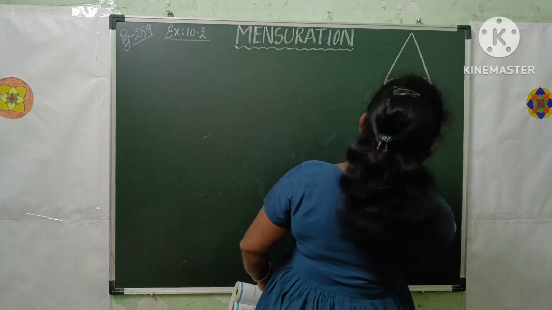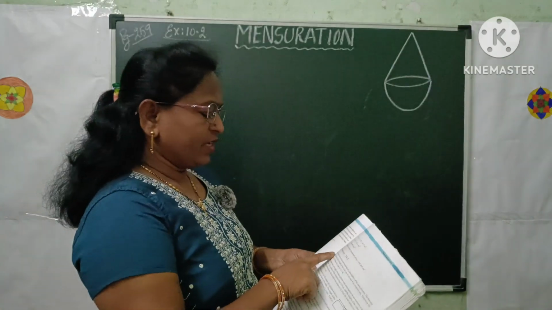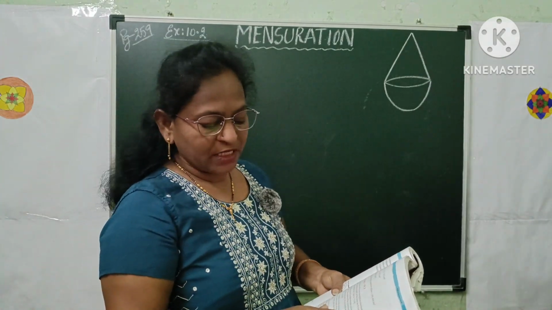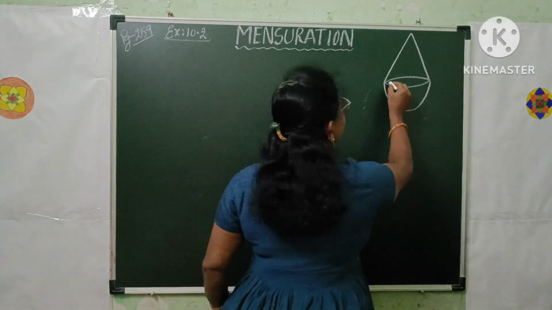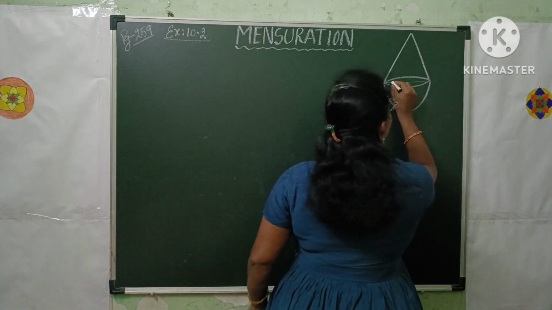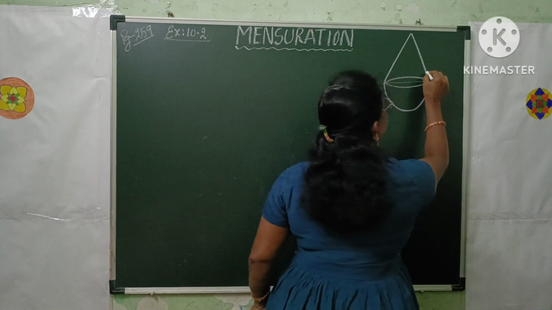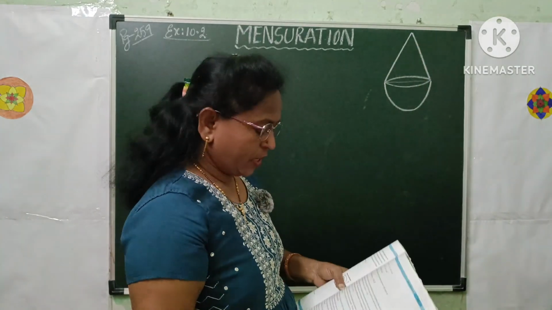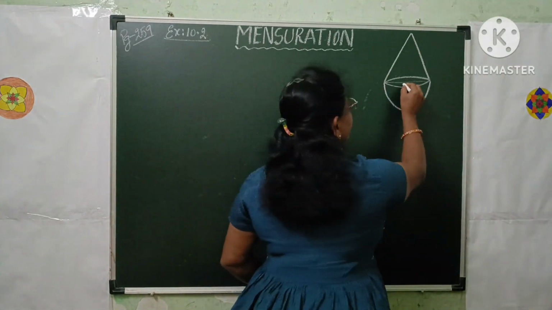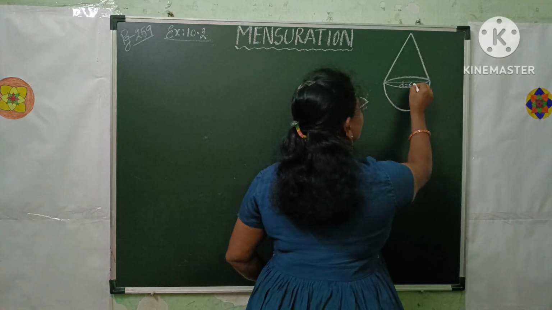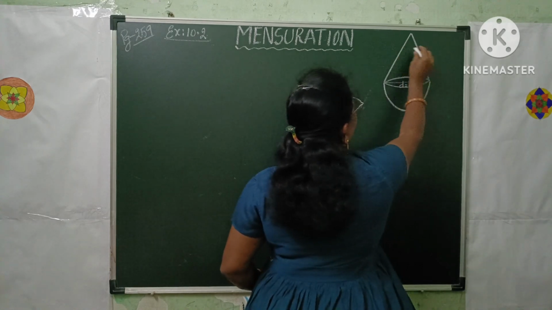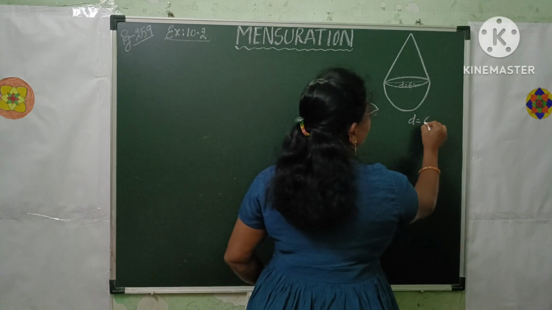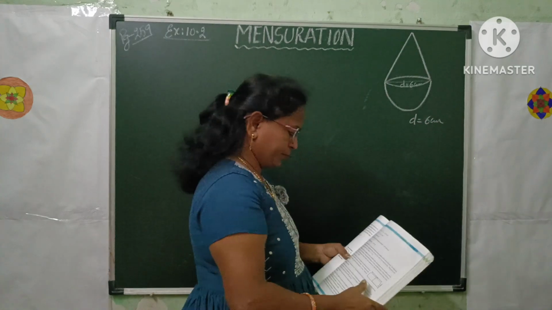A toy in the form of a cone mounted on a hemisphere, same diameter. This is the diameter. Diameter of the hemisphere is equal to the base of the cone. Equal to how many centimeters? Diameter equal to 6 centimeters, so I am writing diameter equal to 6 centimeters.